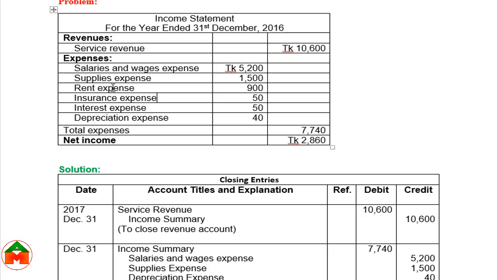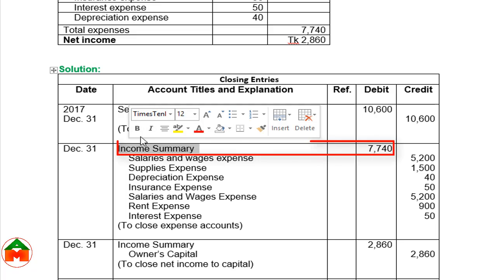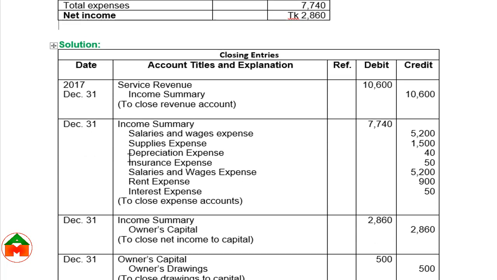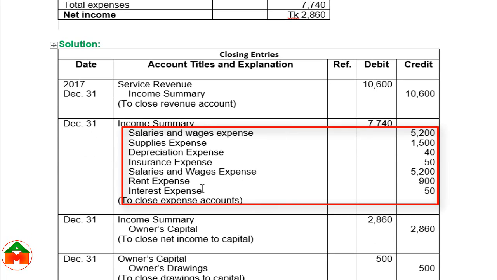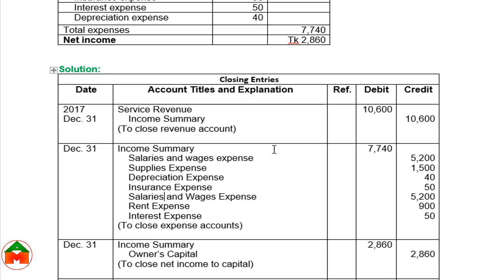So income summary will be debit with the total expense amount, 7,740, and expenses will be credit with their particular balances.